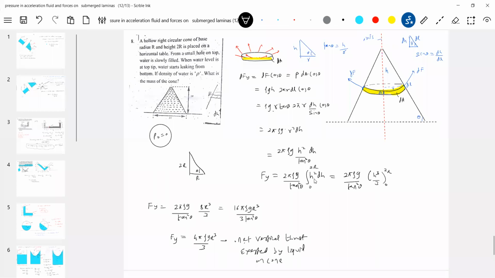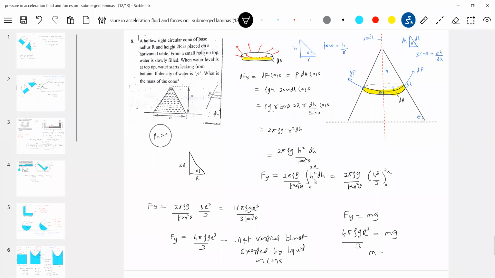When will it just start rising up? When this force is greater than or equal to the weight of the cone, mg. Four pi rho g r cube by 3 equals mg.